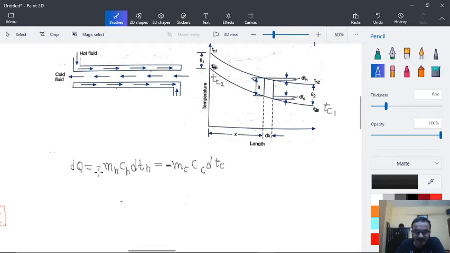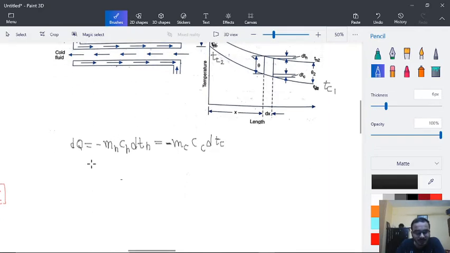So this negative is for heat being lost or temperature reduction, and this negative sign is due to the opposite direction. Now here we can write this as minus Ch dTh is equal to minus Cc dTc.